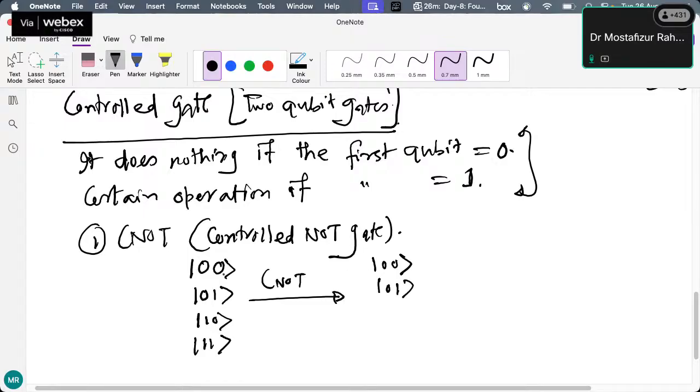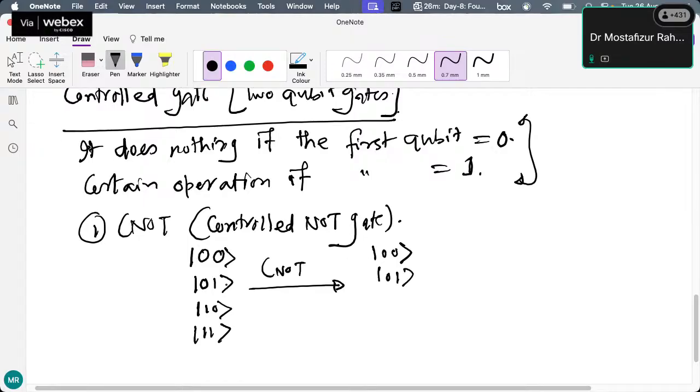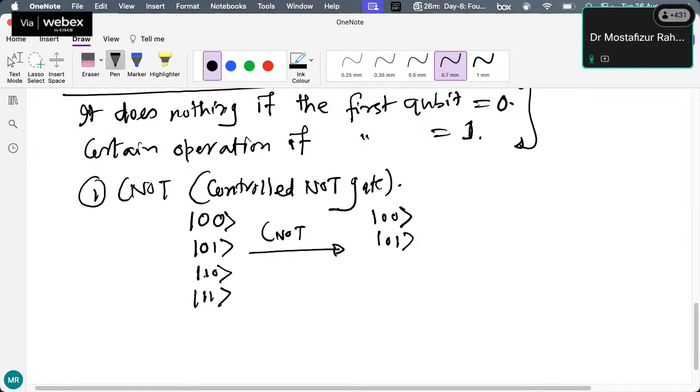Now, by definition of C-NOT, if the first qubit is 1, it performs a NOT operation on the second qubit. So the second qubit is 0, it will become 1. Here it is 1, it will become 0. Right? So of course these two states are swapped, in the sense that if the first qubit is 1, then we perform the NOT operation on the second qubit.